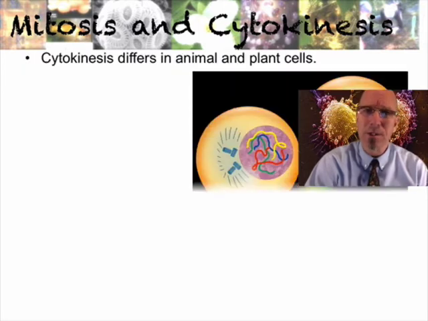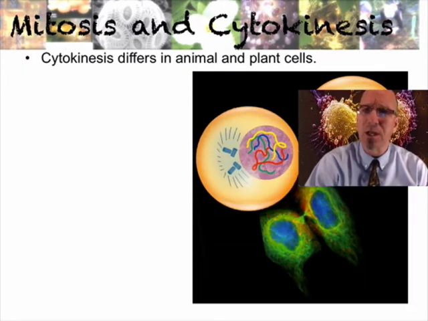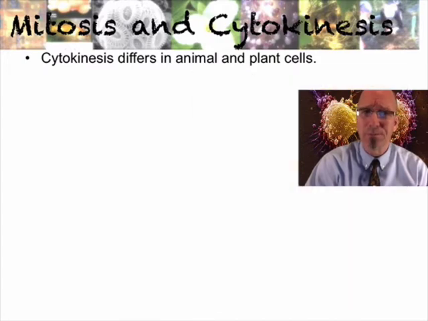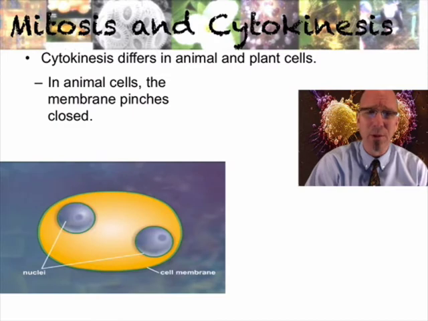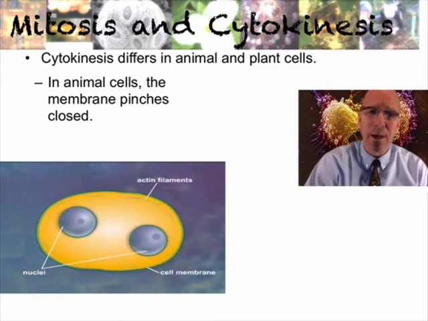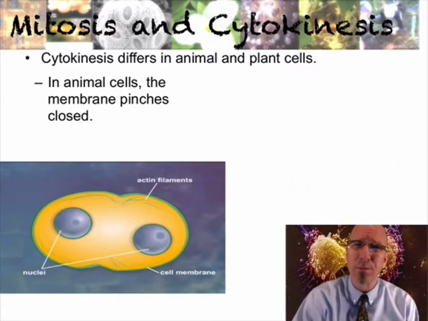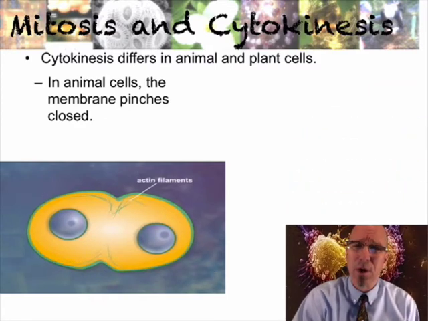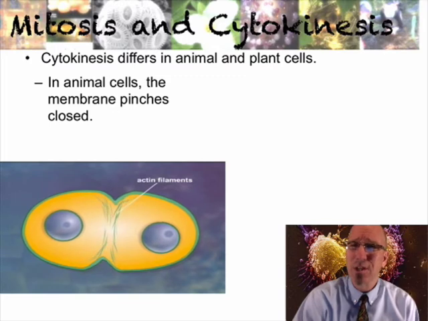Now, cytokinesis is the splitting of the cells. And it's a little bit different in plant and animal cells. So we'll start with an animal cell. Here's an animal cell that has 2 nuclei and some proteins called actin filaments are going to pinch this cell off.